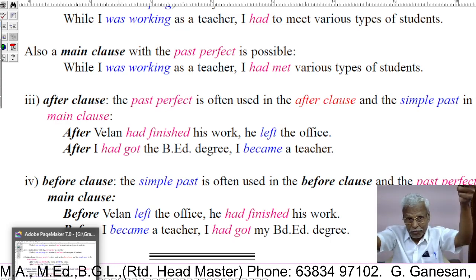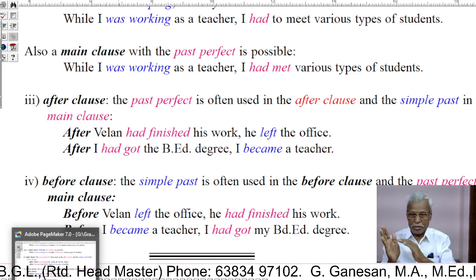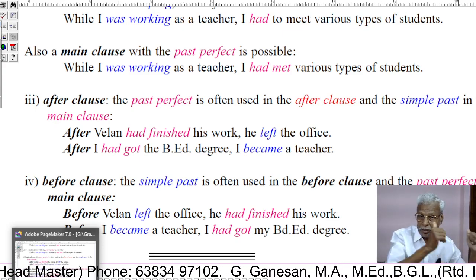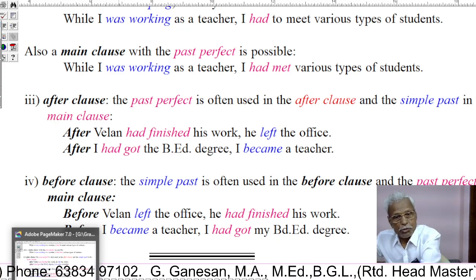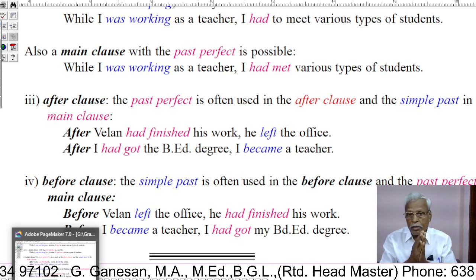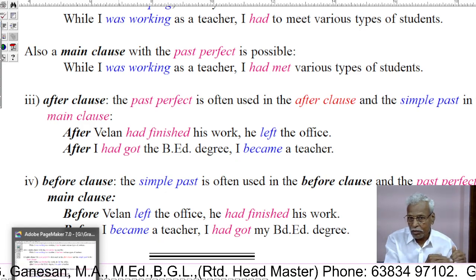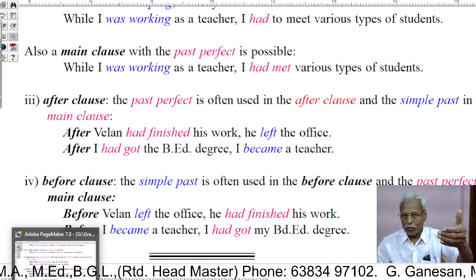The first action, the past perfect, should be expressed using the after clause, and the past tense should be expressed using the main clause. After Valen had finished his work, he left the office. This is the when, before, and after.